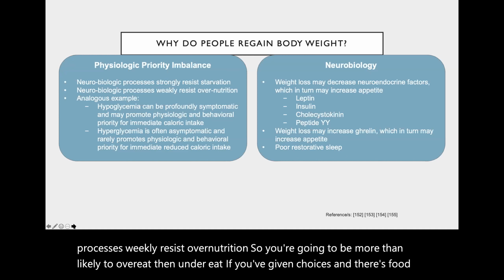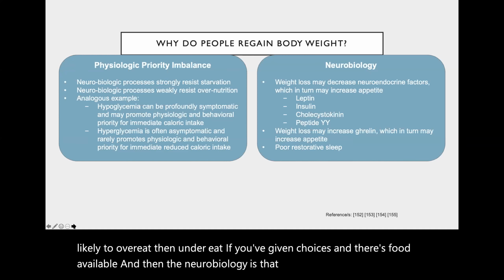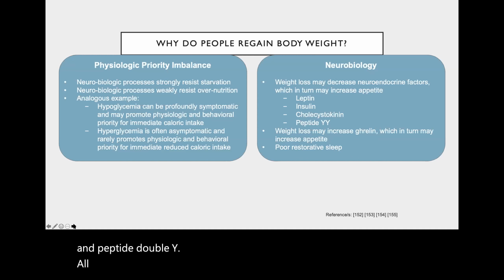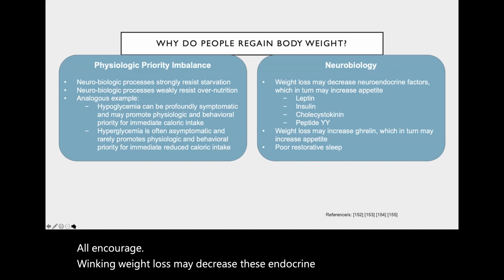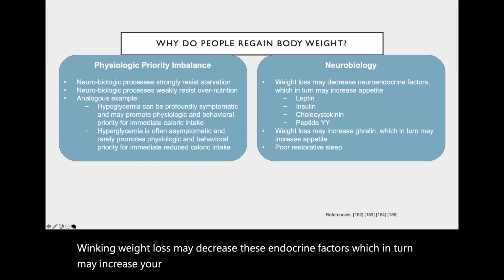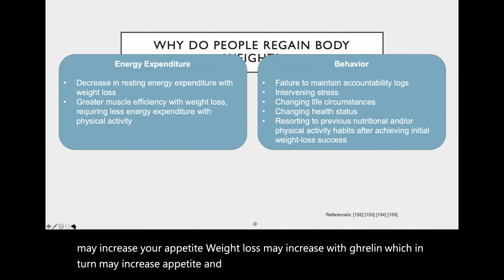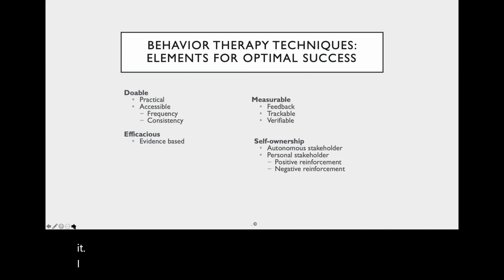And then the neurobiology is that leptin, insulin, cholecystokinin, and neuropeptide Y all encourage weight gain. Weight loss may decrease these endocrine factors, which in turn may increase your appetite. Weight loss may also increase ghrelin, which in turn may increase appetite. And poor restorative sleep can be a part of it. I don't want to waste time on that today.